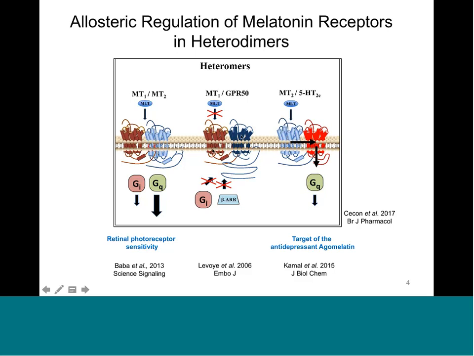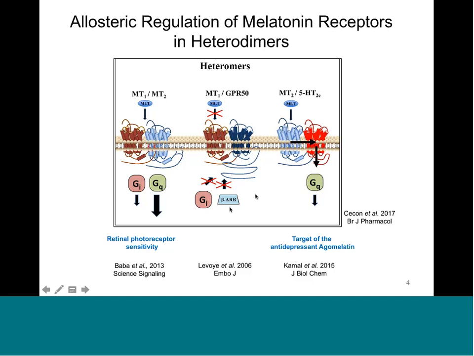Moreover, we can also have heteromeric complexes between the MT1 receptor, which normally binds the melatonin hormone, and the orphan member GPR50. In this setting we have an orphan receptor that is an allosteric modulator of the MT1 receptor, as within this complex GPR50 abolishes the capacity of MT1 to bind melatonin or to bind the G protein or beta-arrestin.